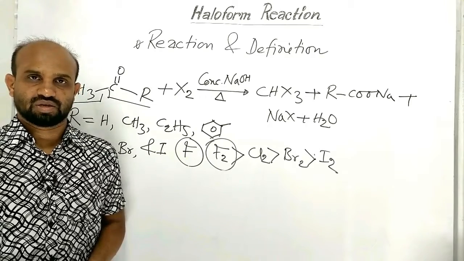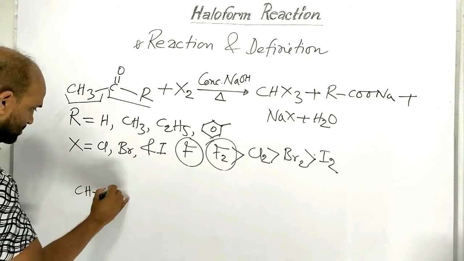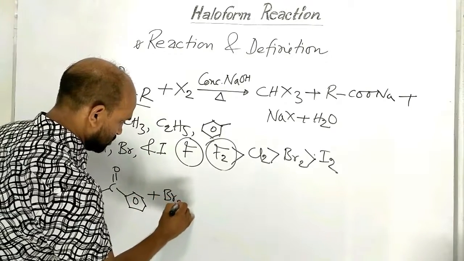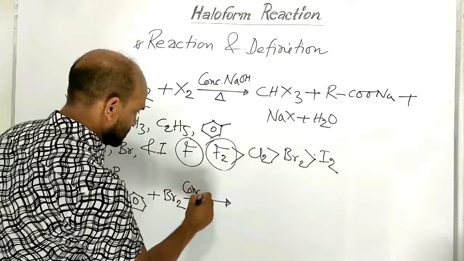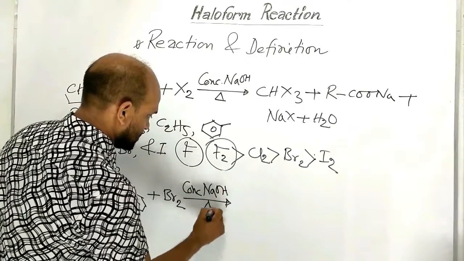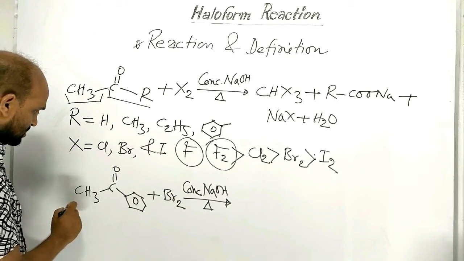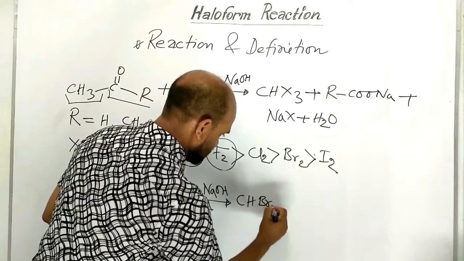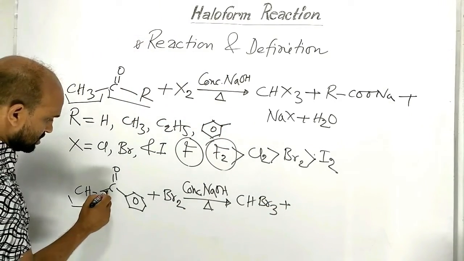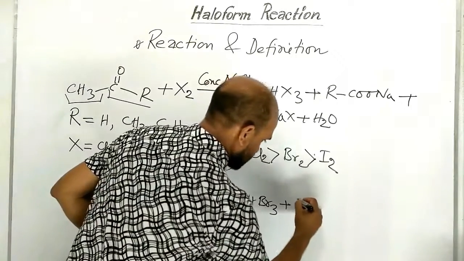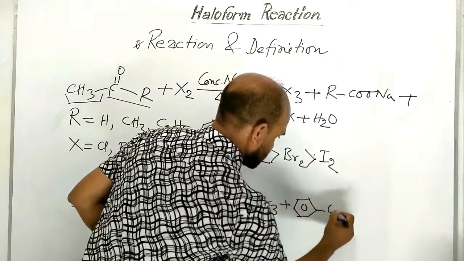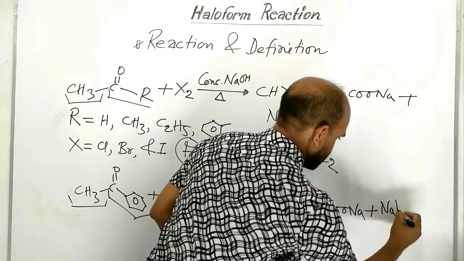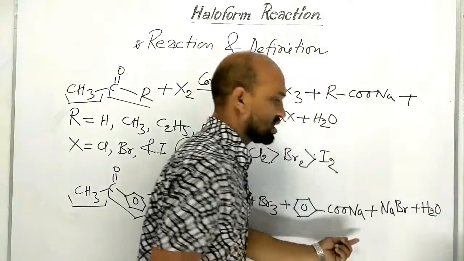Let's write a reaction as example. If it is treated with bromine in presence of concentrated sodium hydroxide and the reaction is heated, then this portion turns into bromoform CHBr3 and this portion turns into sodium salt of carboxylic acid, that is benzoic acid, and then sodium benzoate, and then sodium bromide and water are formed as byproduct.